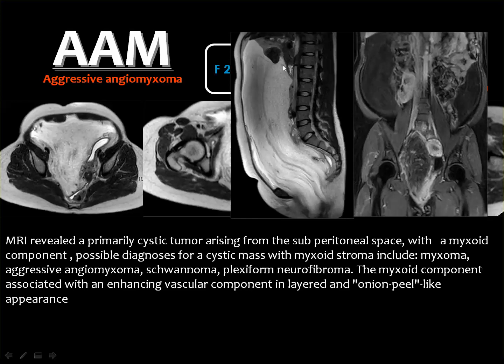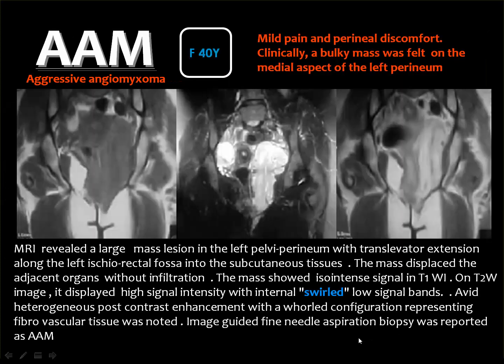And you can see how big the tumor is, infiltrating the pelvis, extending very high up in the abdomen. Then this is the T1 fat set with contrast, and you see minor vascularity within the lesion.